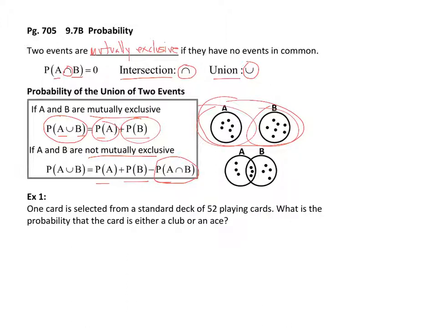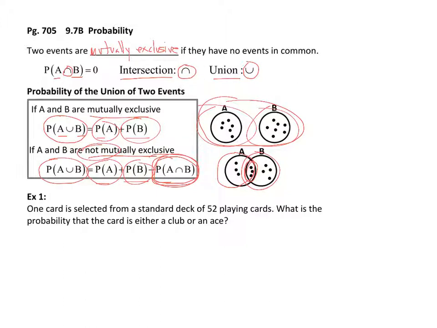Now for the next one, if they're not mutually exclusive, then I take the probability of each event. But when I did that, look at this piece right here. I essentially counted that area twice, and you don't want to count it twice. So I'm going to subtract that intersection once, and that will give me the actual probability.